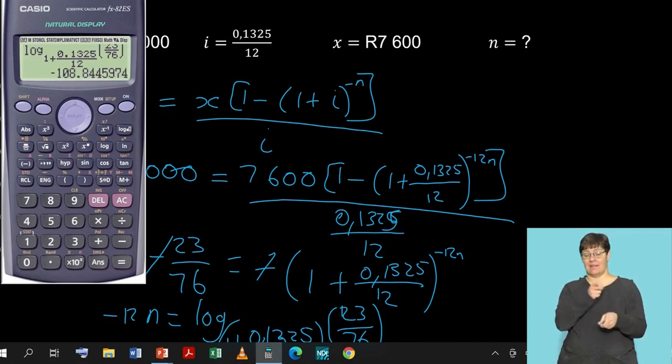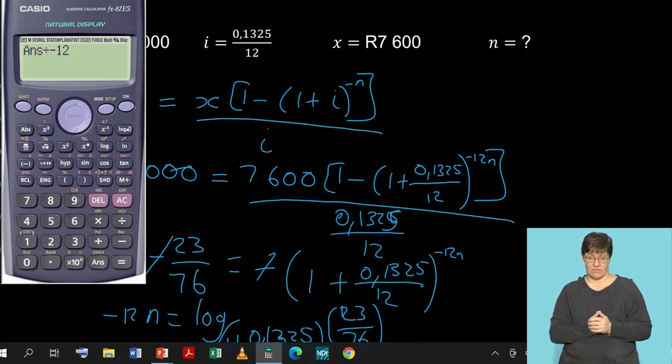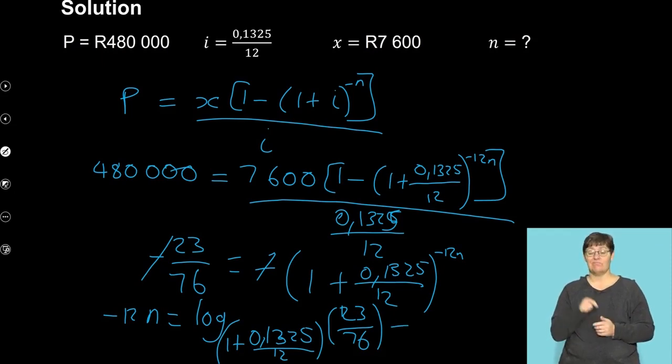And that will be my answer there. And I will divide this by negative 12, and it will give me 9 years. So this will be equal to 9 years. And that's how you will then need to do this.